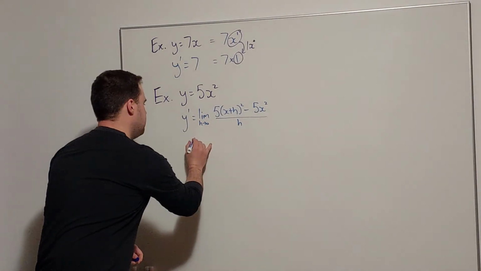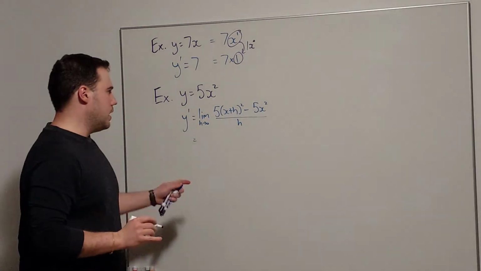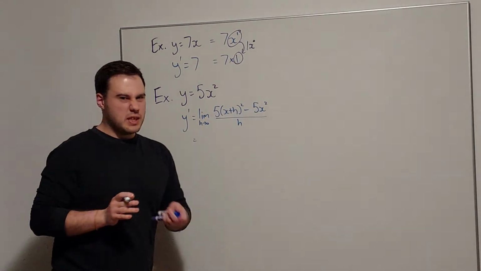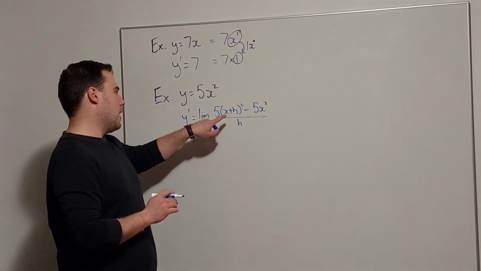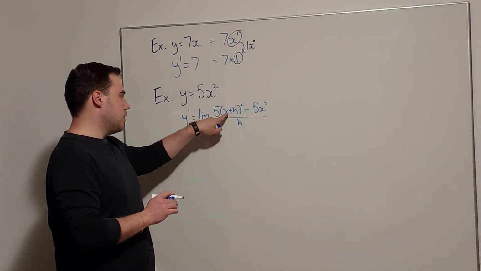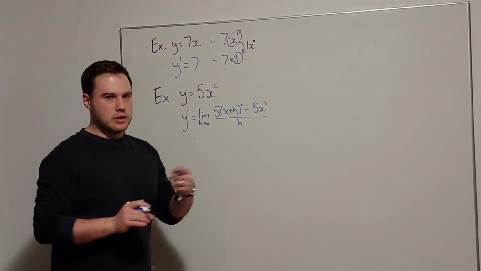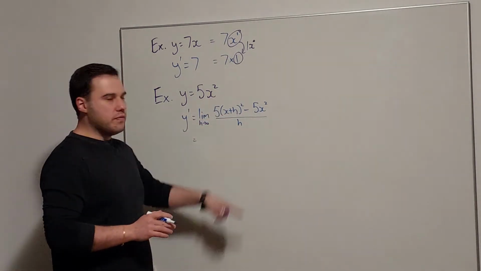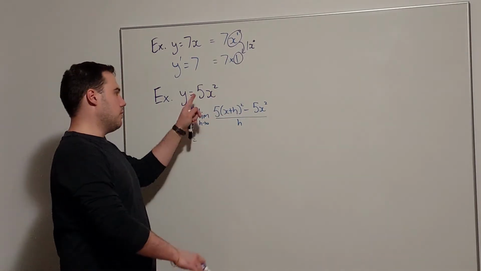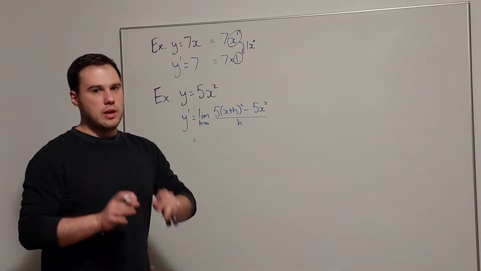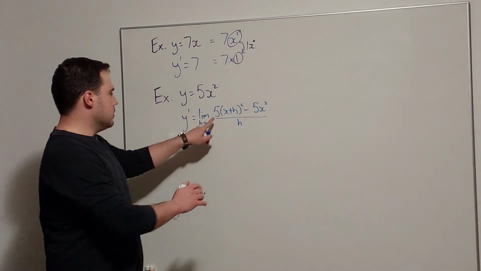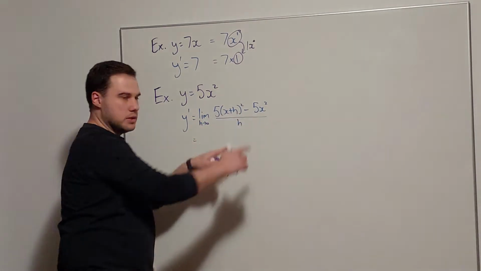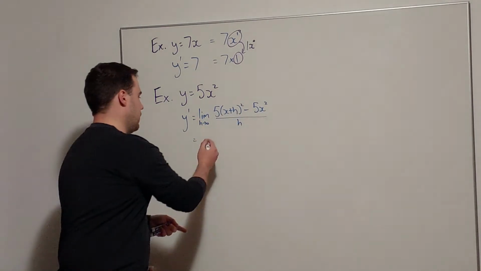Now, without doing the rest of the steps, we could expand out this perfect square, right? And we get x squared plus 2xh plus h squared, all of that times 5. And then we'd have a 5x squared minus 5x squared cancel out, and so on. But what I want to do here is notice that both of these terms in the numerator have a common factor of 5.